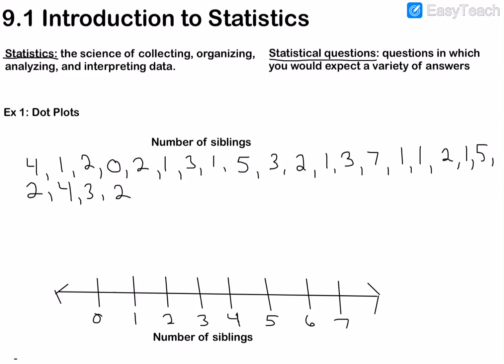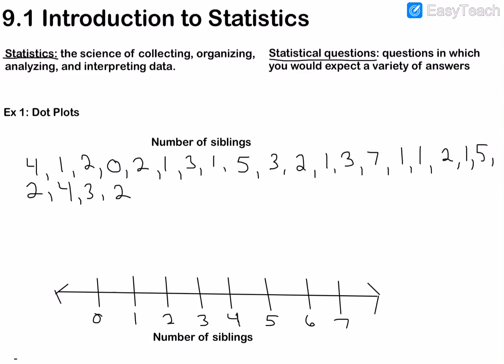So anybody that is looking at this chart or this dot plot will be able to know what it is representing. It is representing the number of siblings with these 23 people. So it's very important that you do label anytime you're making any sort of statistical representation. You must label it so the other person knows what you are graphing.